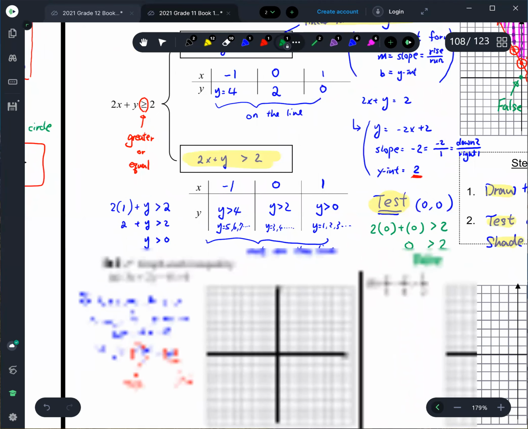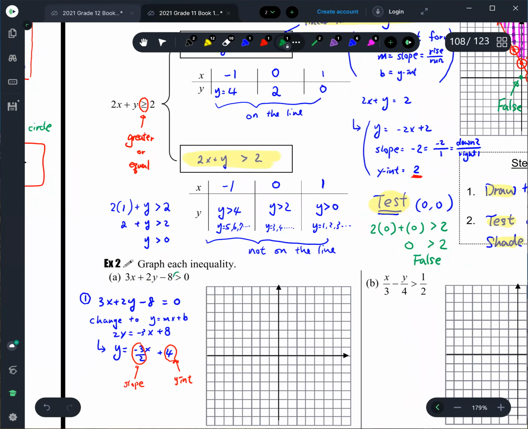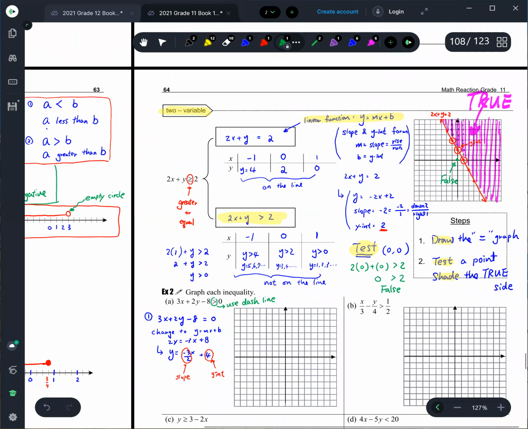If the question only has an inequality, use a dashed line. Broken lines instead of a straight line, the line we did before.